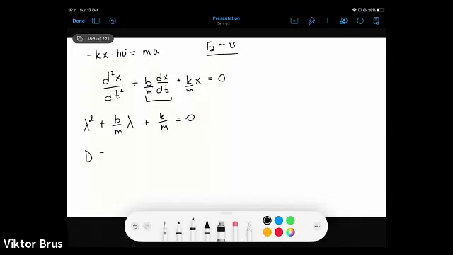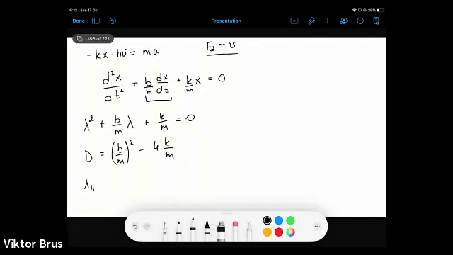The discriminant will be b squared minus 4ac, and according to our particular case, it will be (b over m) squared minus 4 times k divided by m. So this is our discriminant.